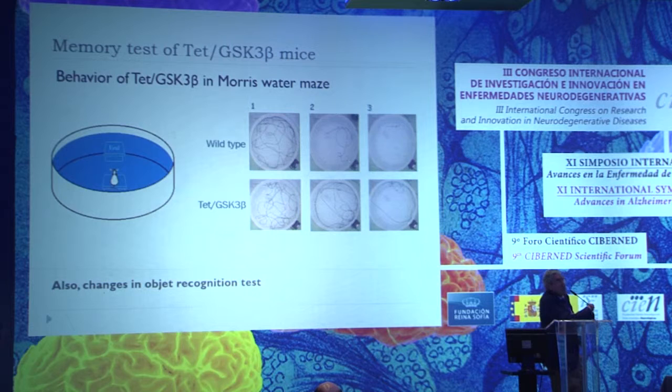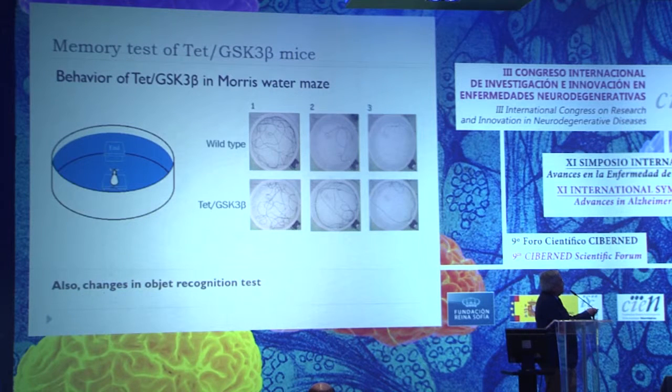One is the Morris water maze that, as you all know, deals with the mouse remembering where a platform is when it swims through a swimming pool, and after several days, the mouse knows perfectly where the platform is.